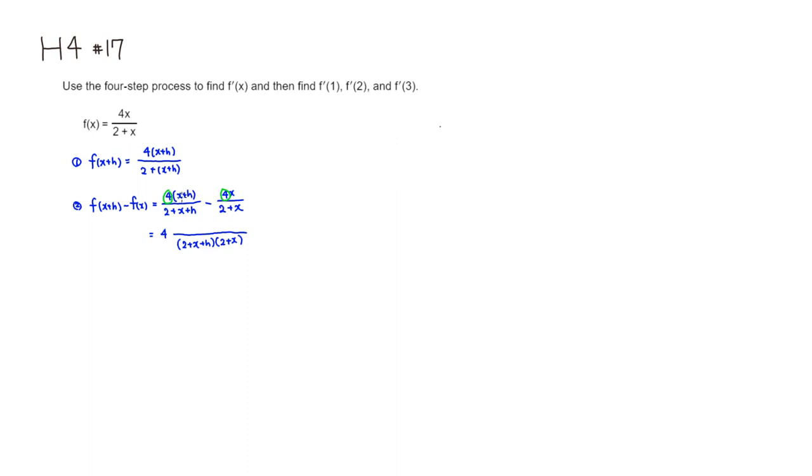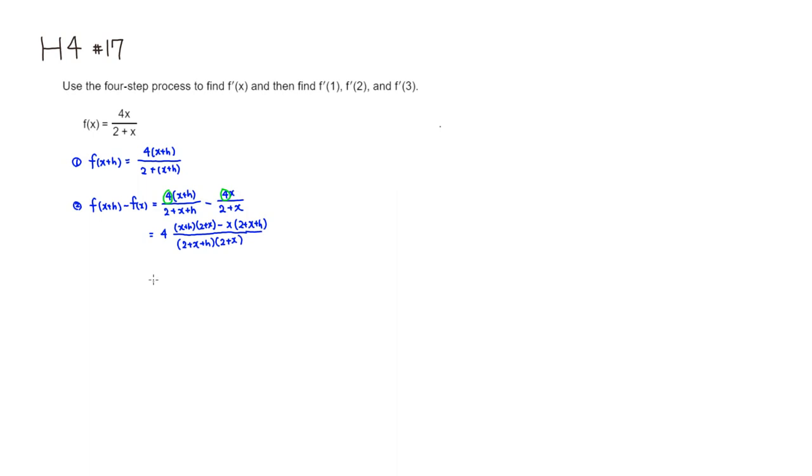Then we have x plus h here, so we need to multiply x plus h by 2 plus x. Minus, and there's x there, so you have to multiply by 2 plus x plus h.